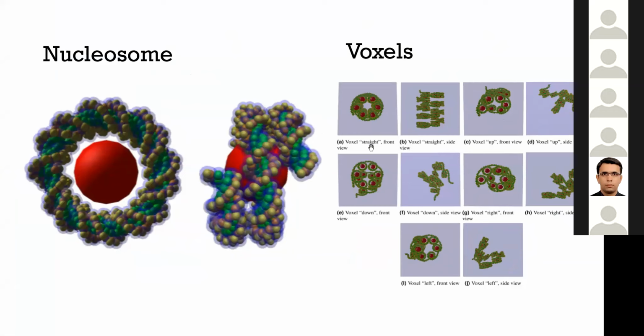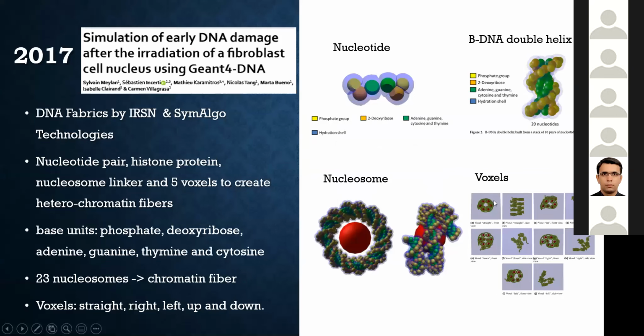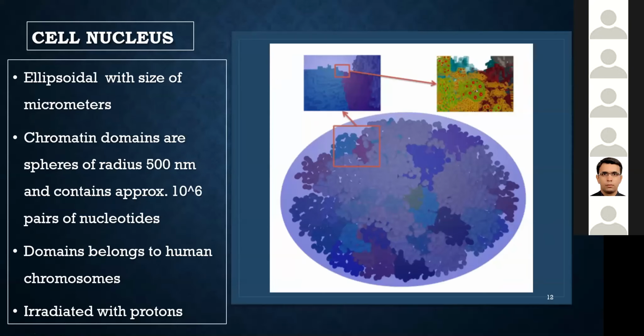In these cases they are called voxels: voxel straight, voxel up, voxel down, voxel right, and voxel left. And then all these voxels are contained in domains, and these domains are the ones that create the chromosomes.